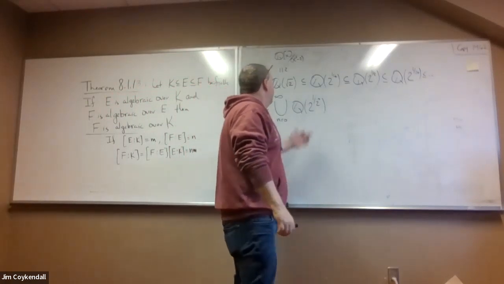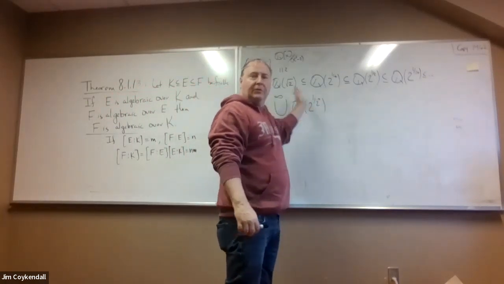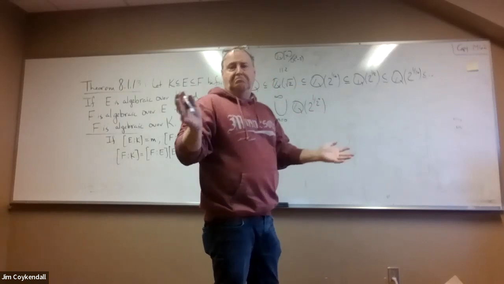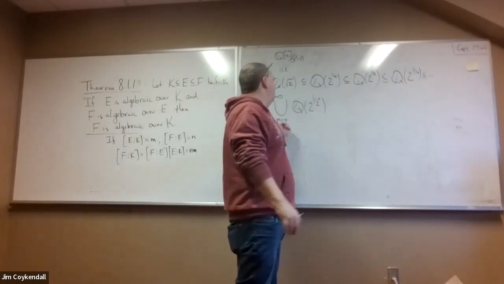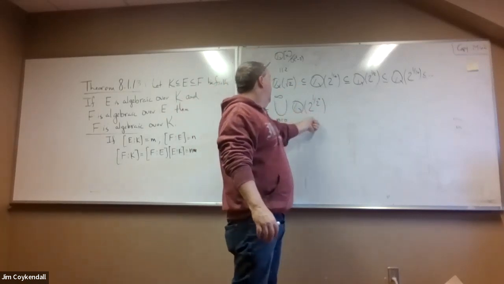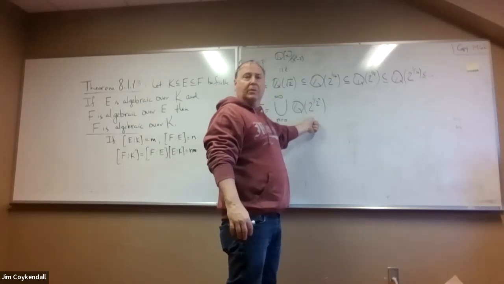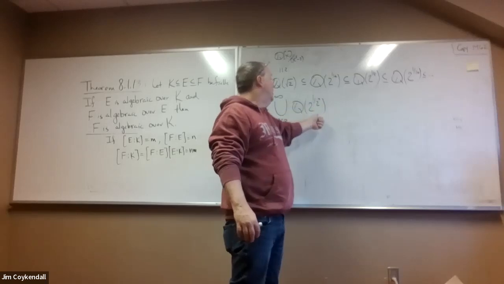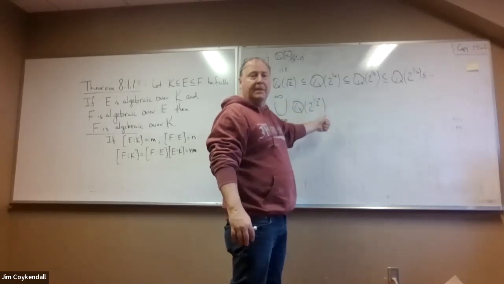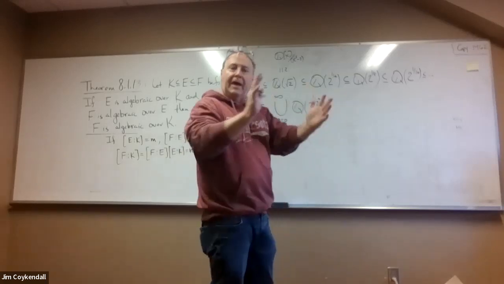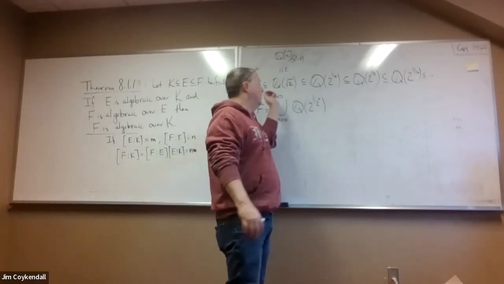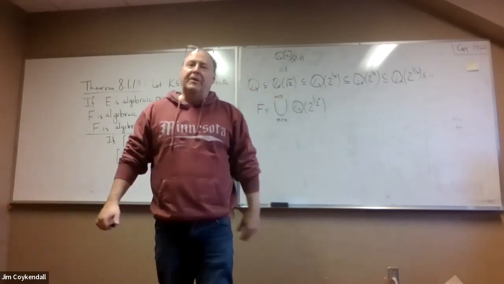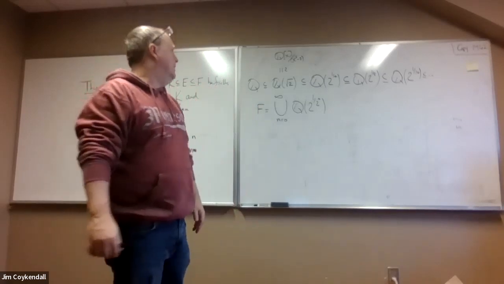This is the union of these nested fields, bigger and bigger. So take any two elements of F. One of them is in Q adjoined with 2 to the 1 over 2 to the n. One's in Q adjoined with 2 to the 1 over 2 to the m. Just take whichever is the bigger field, add those two elements up. It's in the bigger field and hence in the union. You can do the same thing with products. This is in fact a field.